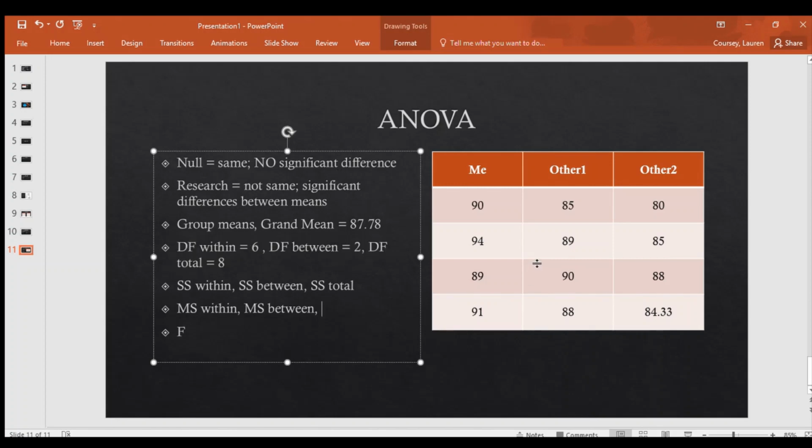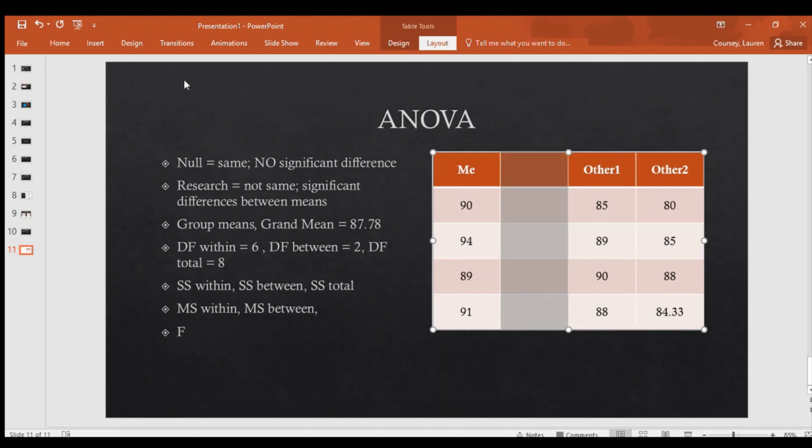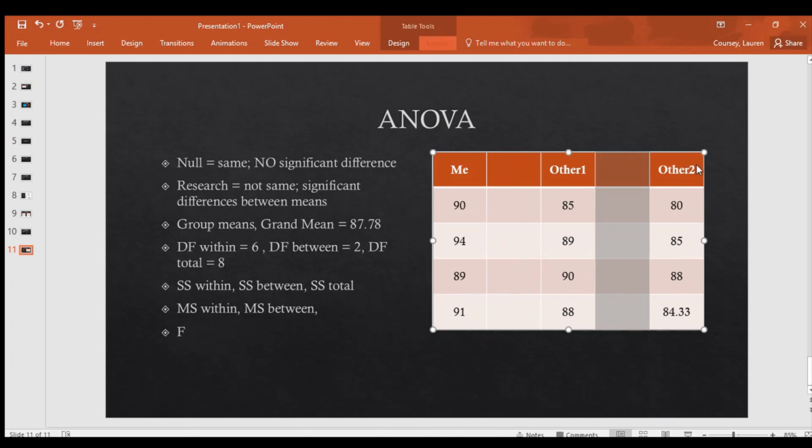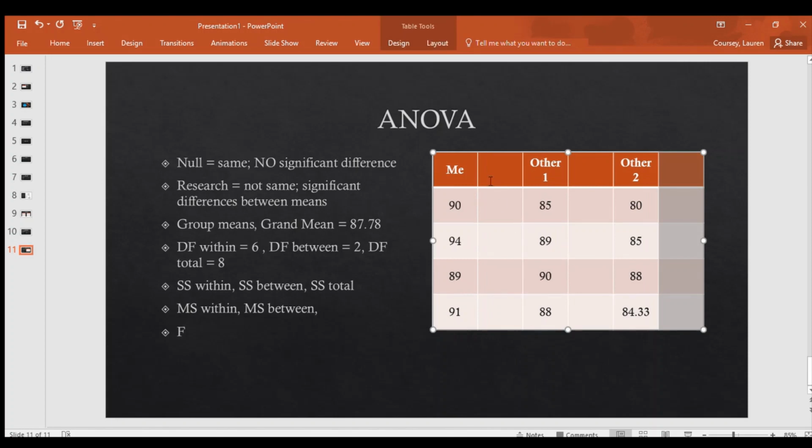All right, so my sums of squares within and my sums of squares between. In order to calculate these, I'm going to add some extra columns here for some of these calculations. And what I'm going to put in these columns are my calculations for x minus the mean of that group, squared.